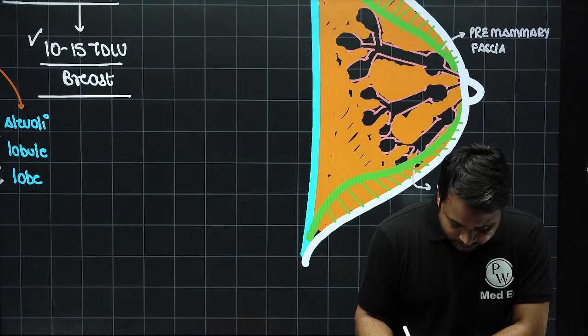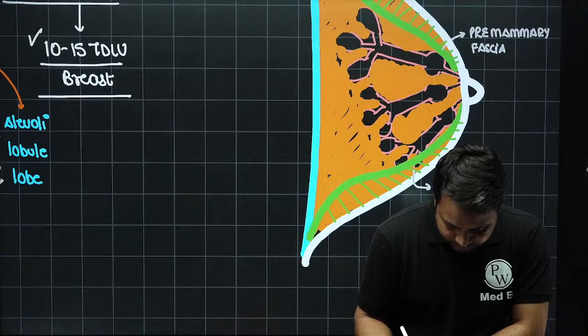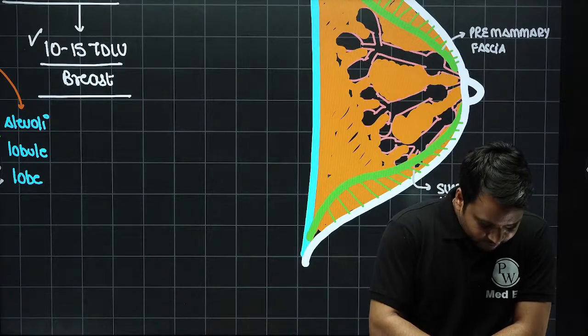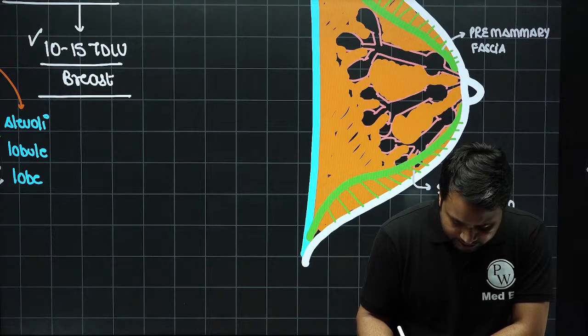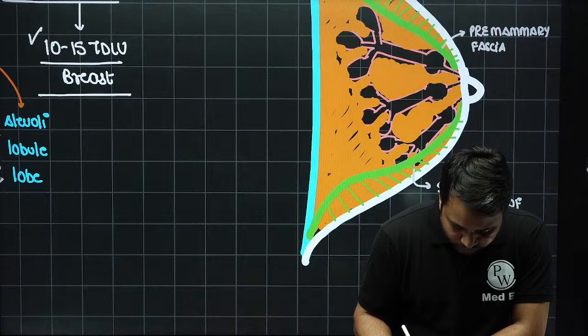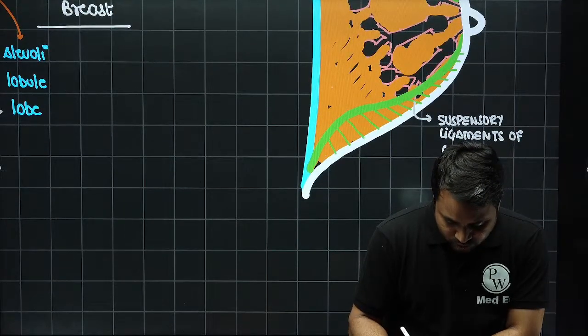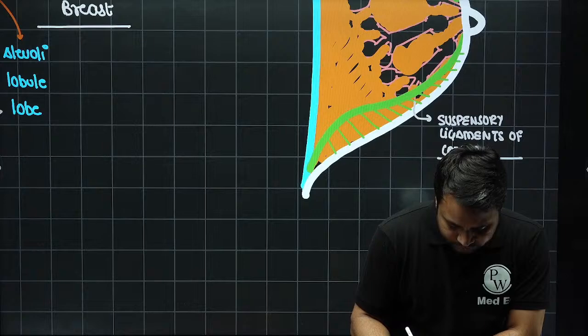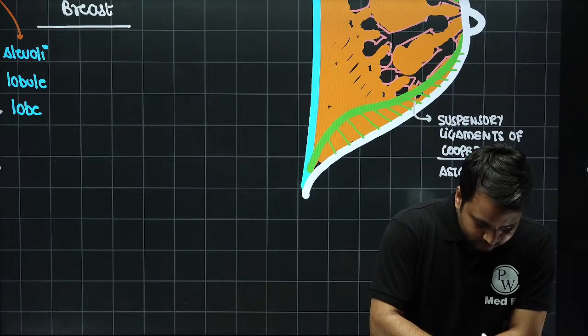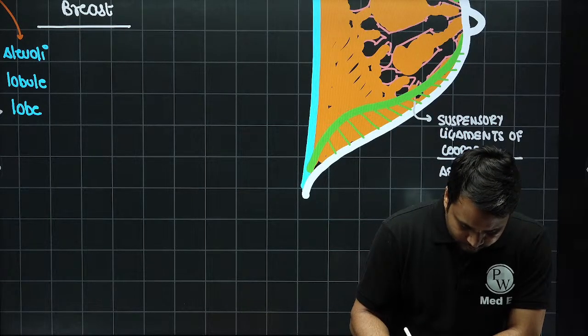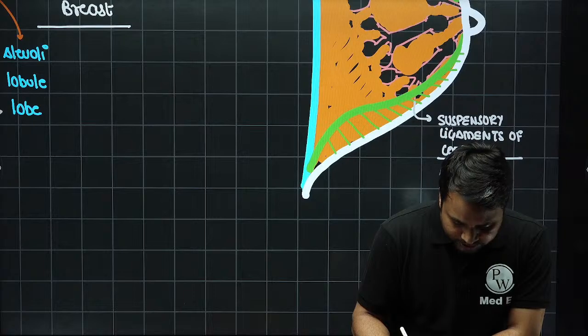It is the suspensory ligaments of Cooper, or also commonly referred to as the Astley Cooper's ligament.